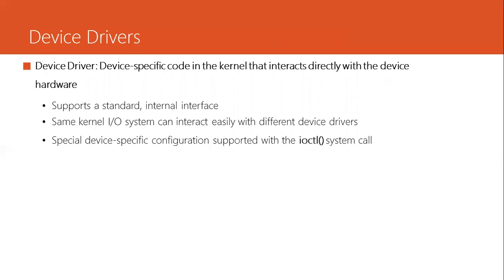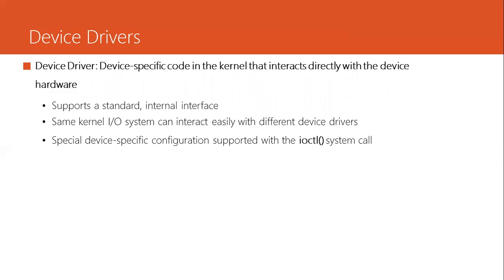Special device-specific configuration is supported with the ioctl system call used in Unix and Linux. It is an abbreviation of input output control, and it is a system call for device-specific input output operations and other operations which cannot be expressed by regular system calls.